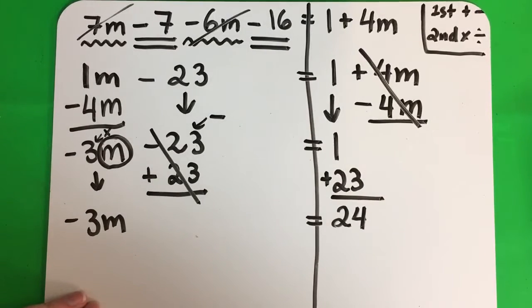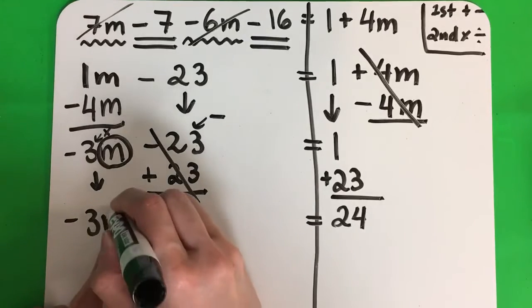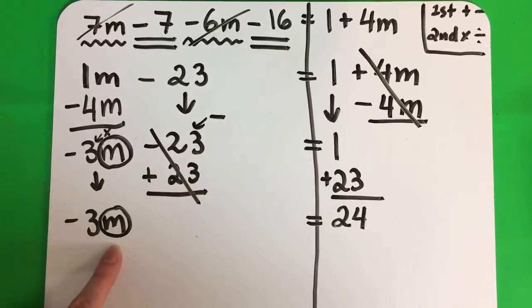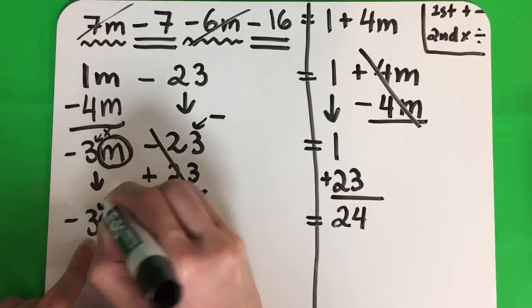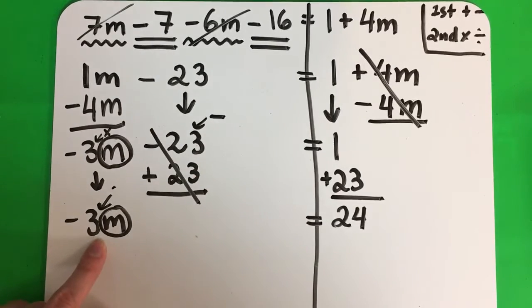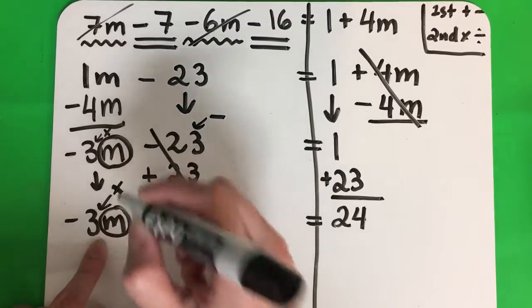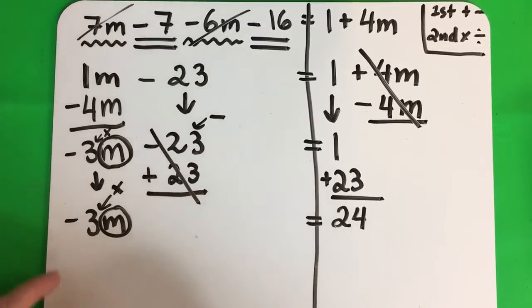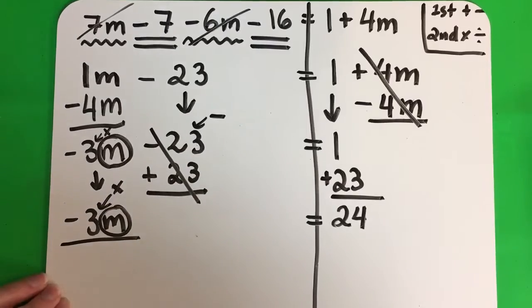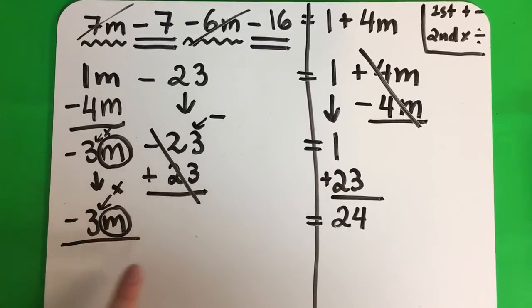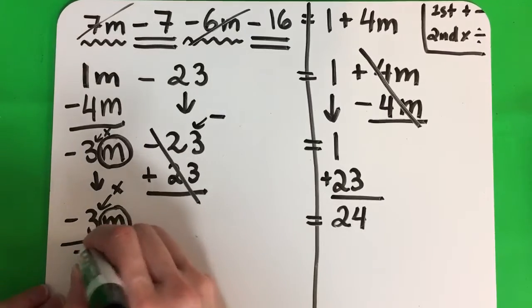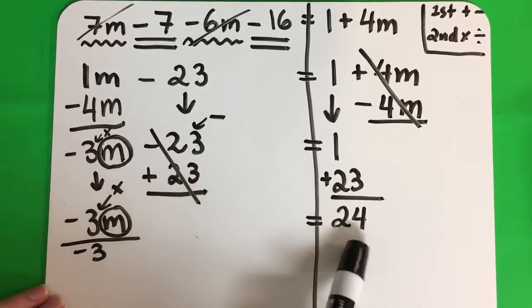Now my goal is to have M alone. Mi meta es para tener la M sola. What number is with M? -3. ¿Cuál número está con M en la izquierda? -3. What's in the middle? Multiply. The opposite of multiply is divide. So divide -3. Copy to the other side.